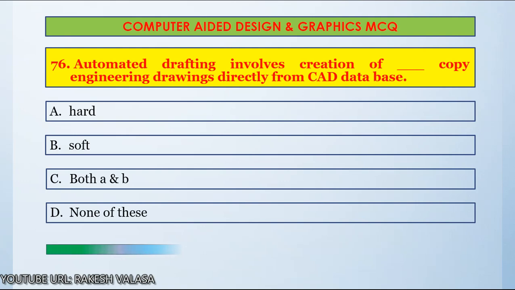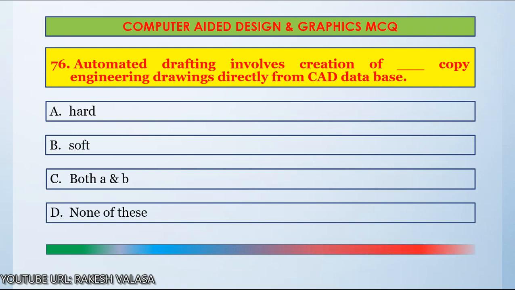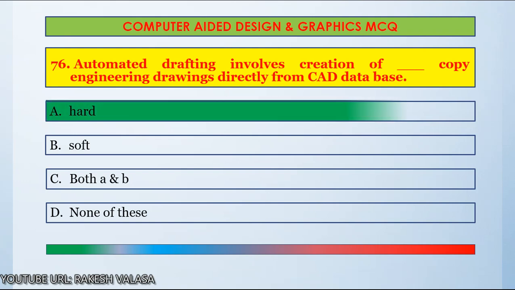If you know the answer, please post in comment section. Time up. The answer is hard. Automated drafting involves creation of hard copy engineering drawings directly from CAD database.